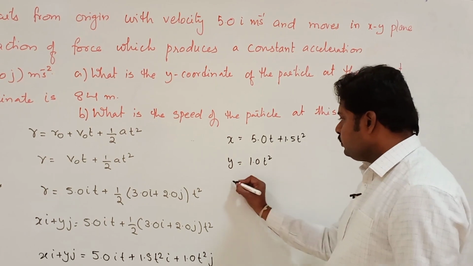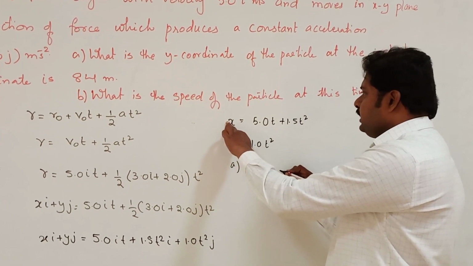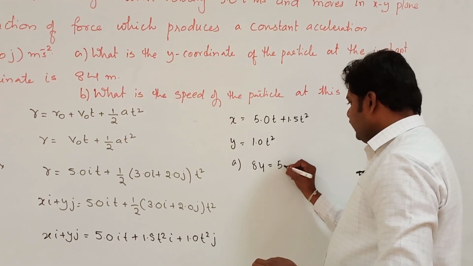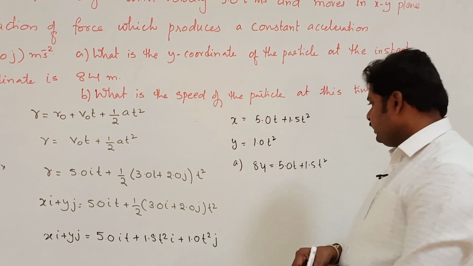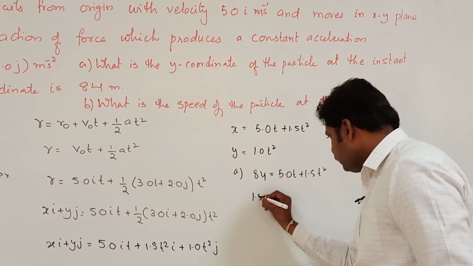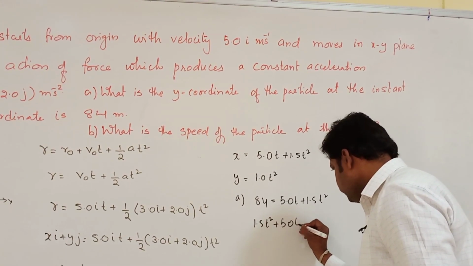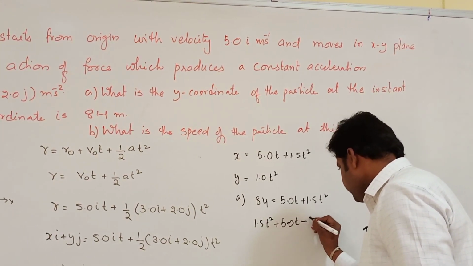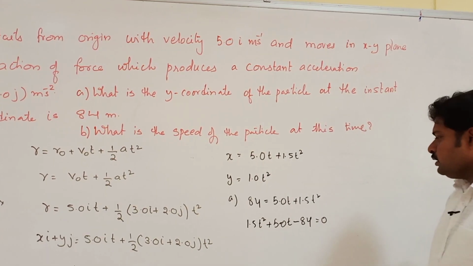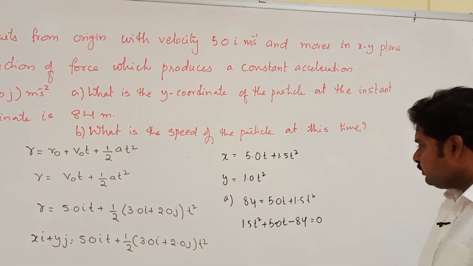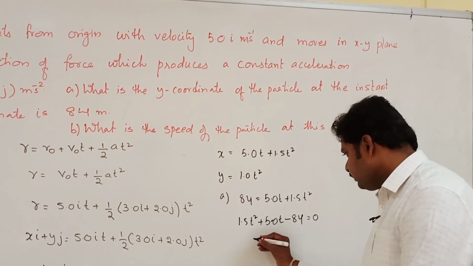Now problem A: what is the y coordinate of the particle at the instant its x coordinate is 84? So in place of x I am substituting 84 is equal to 5.0 t plus 1.5 t square. We can convert it into quadratic expression form: 1.5 t square plus 5.0 t minus 84 is equal to 0. Solve it. You can use any method, either the factorizing method or the formula.